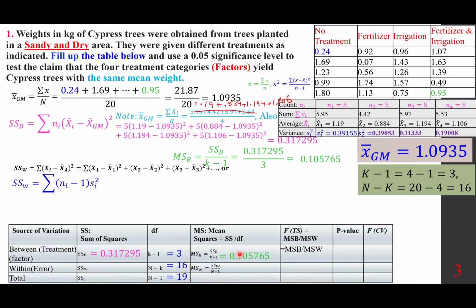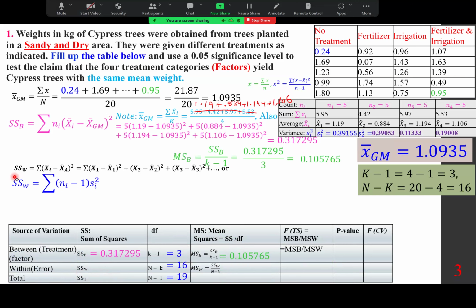The next one is calculating the sum of squares within, which means x sub i minus x bar quantity squared. That means x1 minus x1 bar squared plus x2 minus x2 bar squared, and so forth. And if you want to calculate it in this manner, you can.